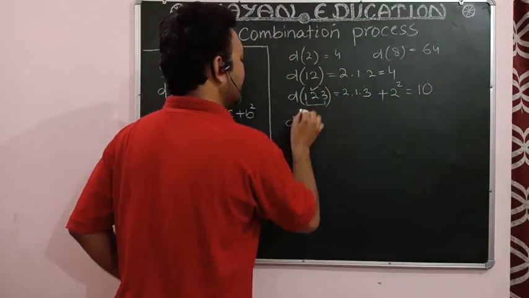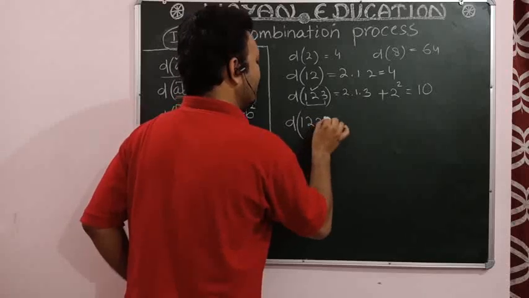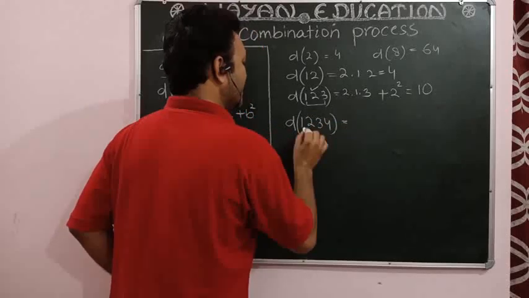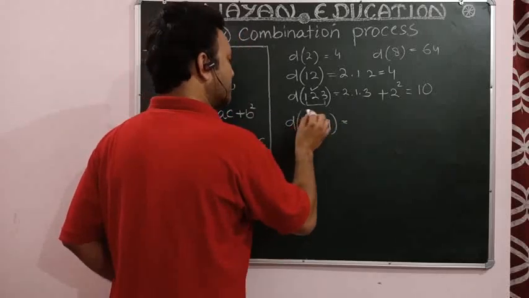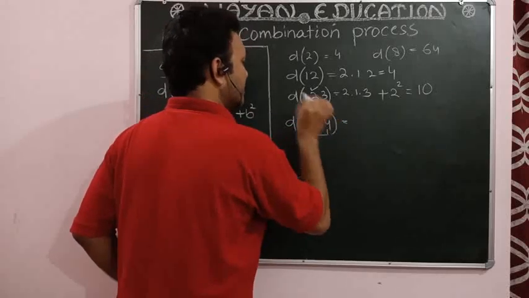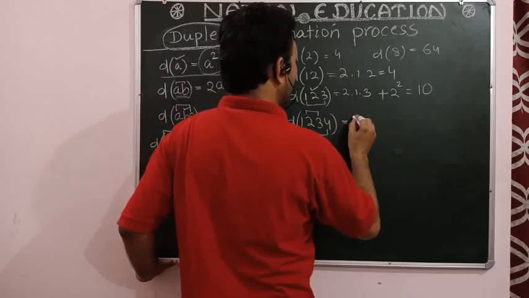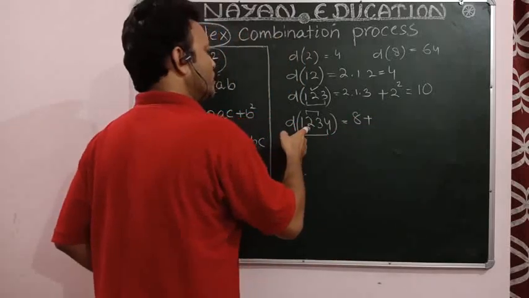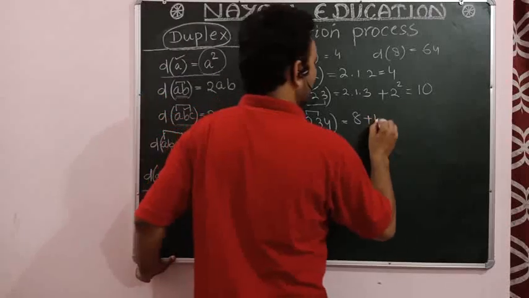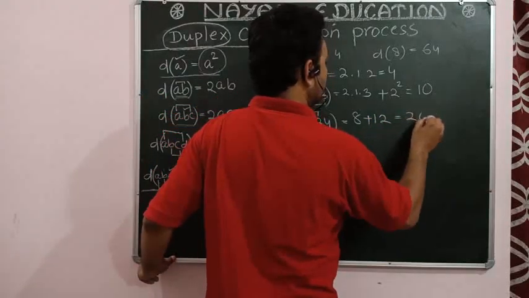Duplex of a 4 digit number, let 1, 2, 3, 4: it will be 2 into the pair of terminal terms, and 2 into the pair of middle terms, that is 2 into 1 into 4, 8, plus 2 into 3 into 2, 12. It will be 20.